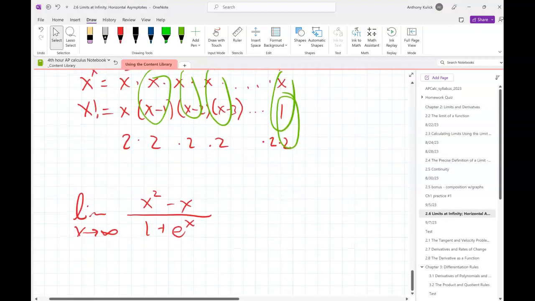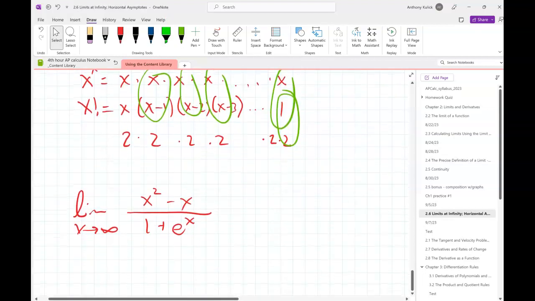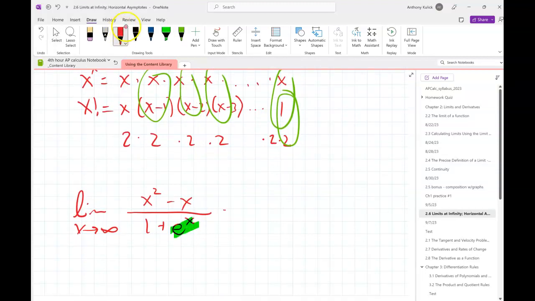What's the fastest growing part of this limit that I've written? The e to the x part. So this is really the same thing as just 1 over e to the x. All the other stuff doesn't matter because e to the x is growing way faster than all the rest of it. So this is just 0, because I have 1 over something huge going to 0.